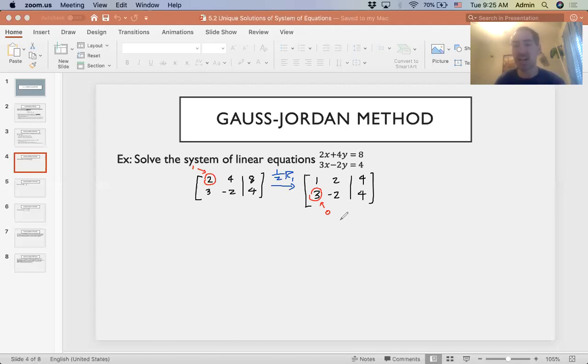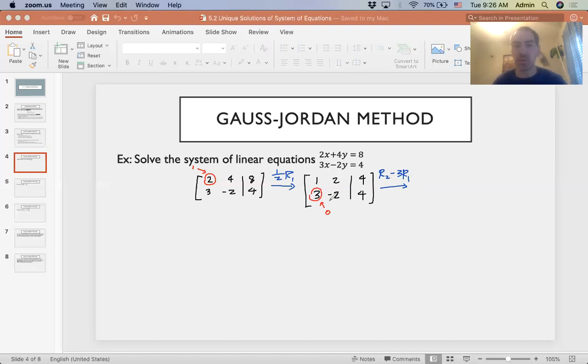We said that we cannot add constants to a row, but we can add a row to that row. So instead of just saying I'm going to add -3 to it, I'm going to add a -3 times the row that has the pivot, that has that 1.